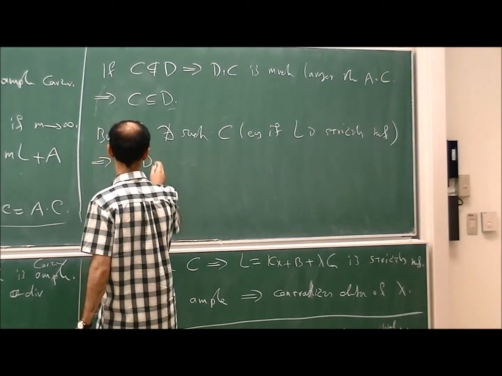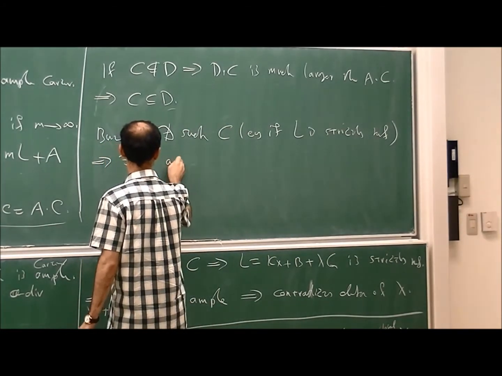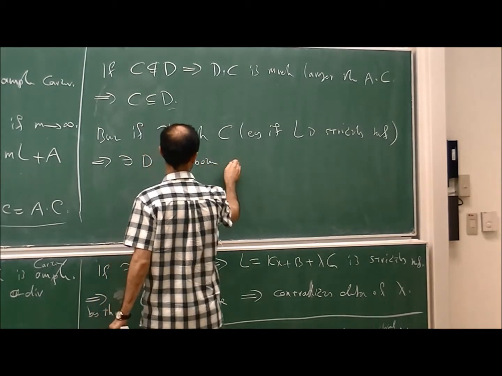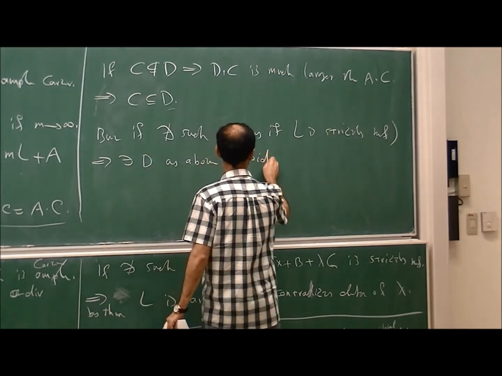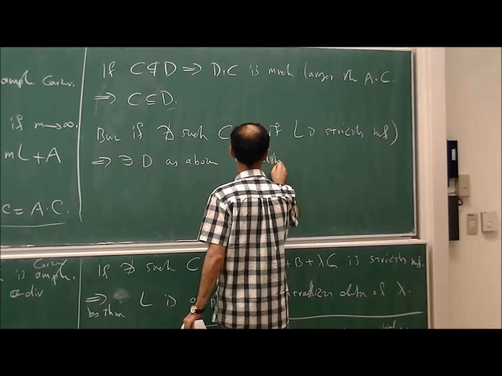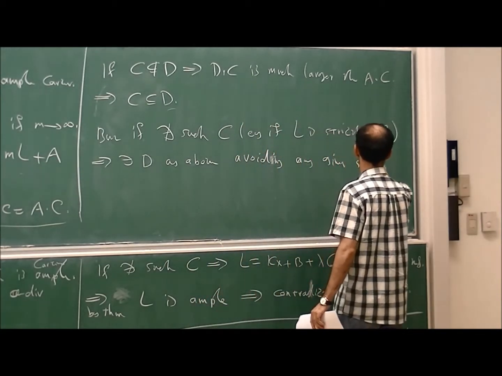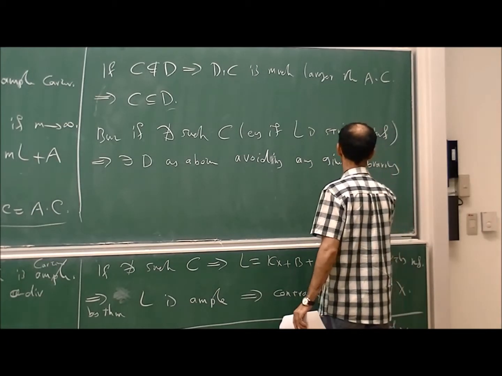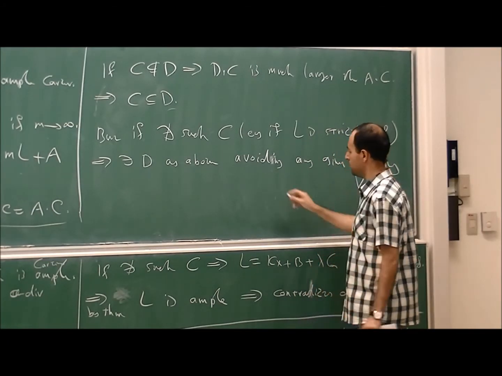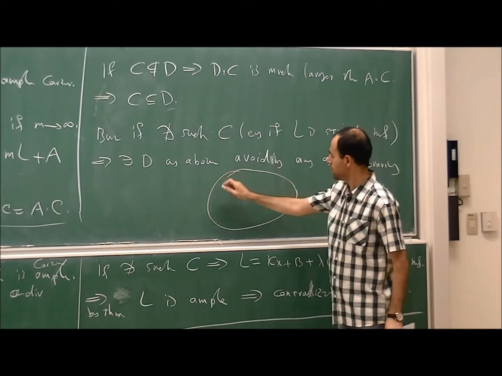Then there is D which avoids any given variety, let's say V, which does not contain the point. So maybe I again draw a picture.